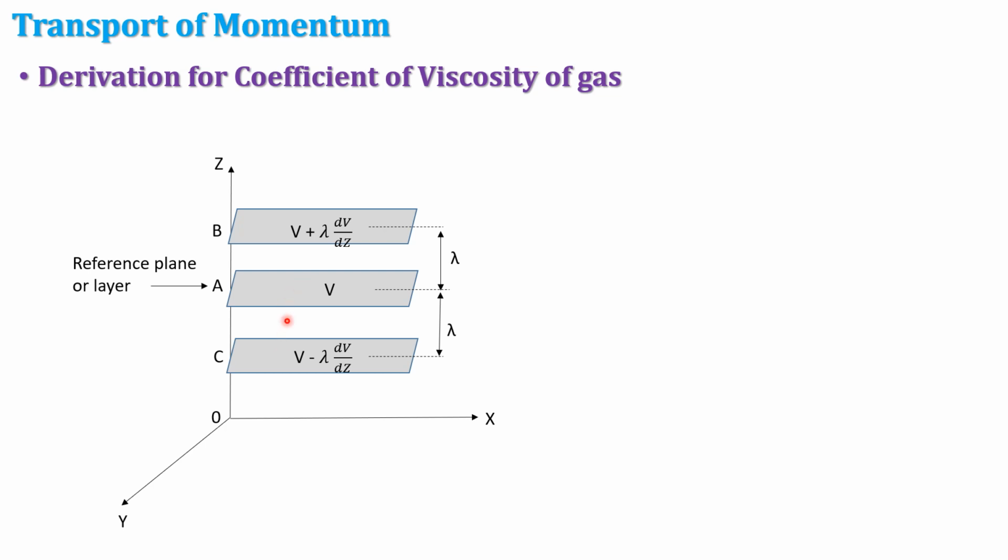Here we assume that the gas flows over a fixed horizontal surface OX, that is in the XY plane. The velocity of the gas layer in contact with OX is 0, and it increases along the positive Z direction.